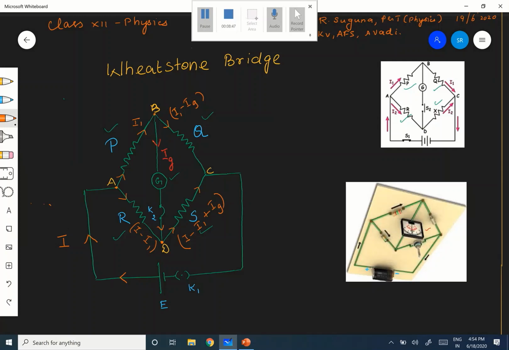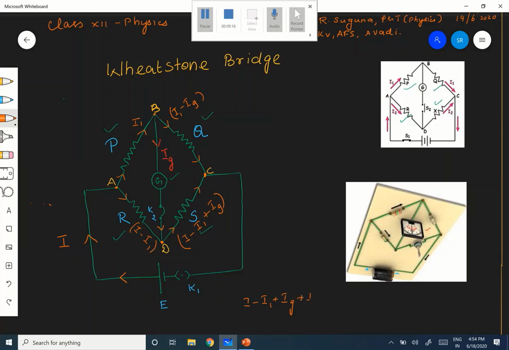Now you see there are other points. At C, what are all the currents that are entering? In the path DC, what is the current? I minus I1 plus Ig. Correct? And the current entering in the path from B to C is I1 minus Ig.